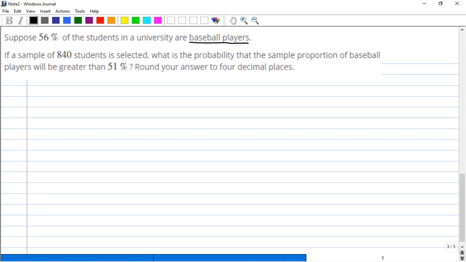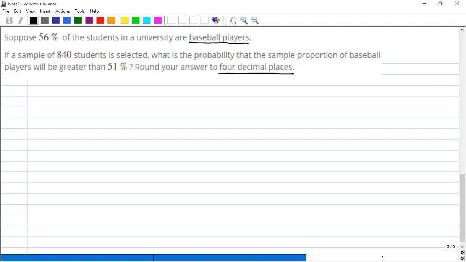I don't know. Anyway, if a sample of 840 students is selected, what is the probability that the sample proportion of baseball players will be greater than 51%? Round your answer to 4 decimal places. Most of these on the homework say 4 decimal places.